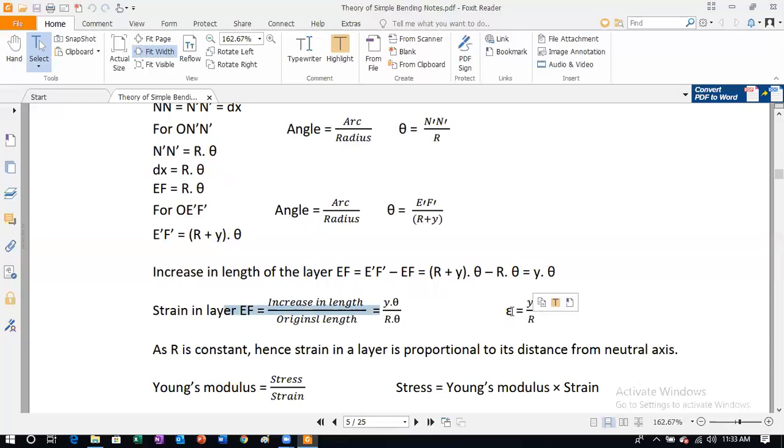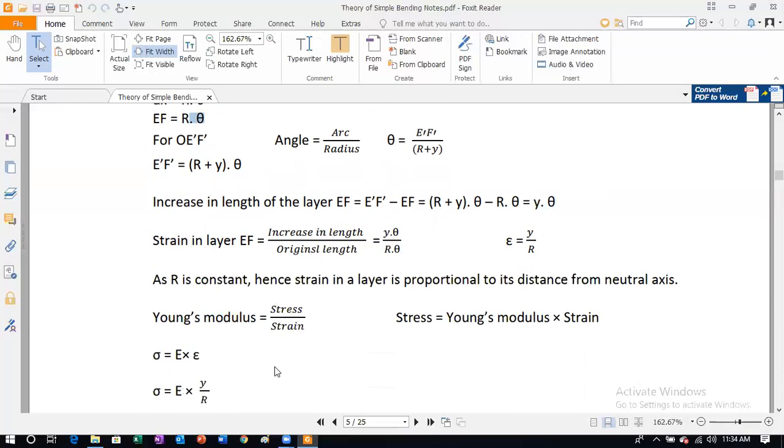That epsilon is strain. So strain is change in length upon original length. Change in length is y theta, and original length is r theta. After that, we will have strain in layer EF as y upon r. And we know Young's modulus is stress upon strain.